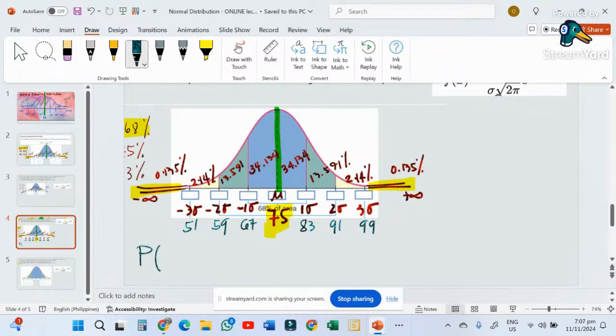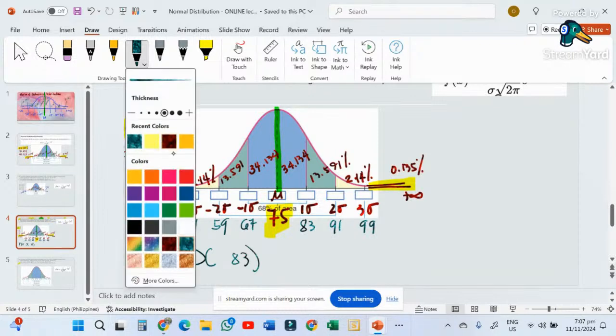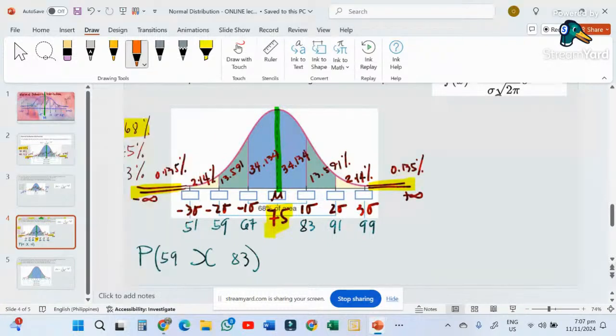P, and here will be your X between 59 and 83. Because that is a range, then we have to use proper inequality symbols. 83 is included, so that would be less than or equal to 83. And my X should be greater than or equal to 59. What does it mean?